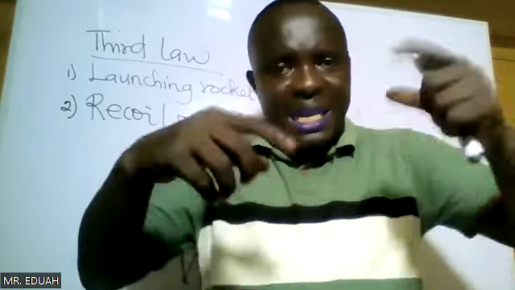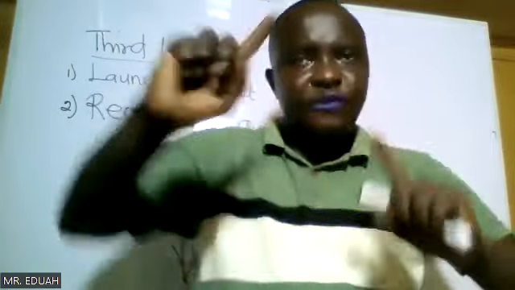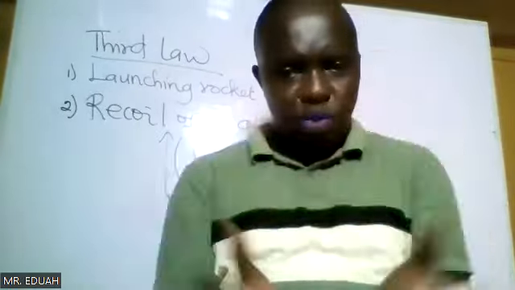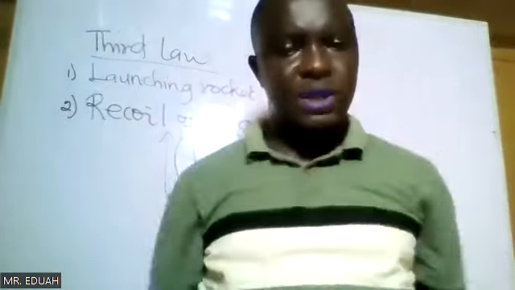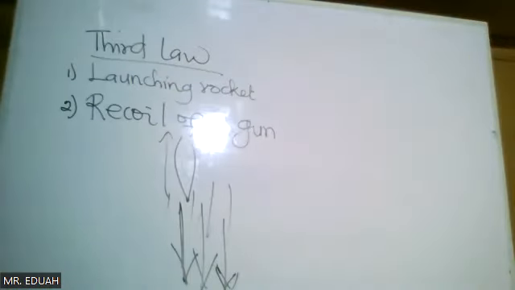So it burns, and whilst it burns, the escaping gas also exerts a force on whatever it's made with, and it launches into the air. So these are some of the applications of Newton's third law of motion, action and reaction force.